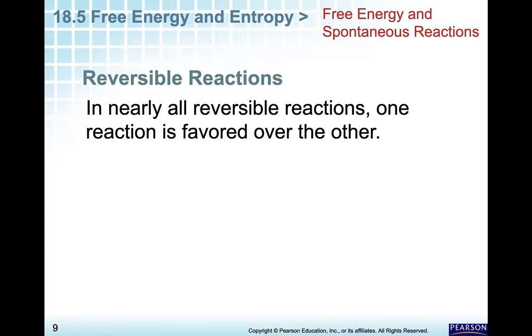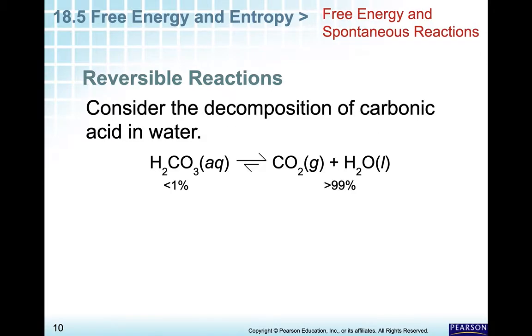Now, in nearly all reversible reactions, one direction is favored over another. When I say reversible reactions, I mean these equilibrium reactions that we've been writing for this past unit. And we saw a bit with the solubility and a bit with the equilibrium constants that just because something's in equilibrium doesn't mean we have an equal amount of product and reactant. Typically, one of these directions is more favored. One of these directions is spontaneous. So looking at this example here, we've got the decomposition of carbonic acid, and that forms over 99% product.